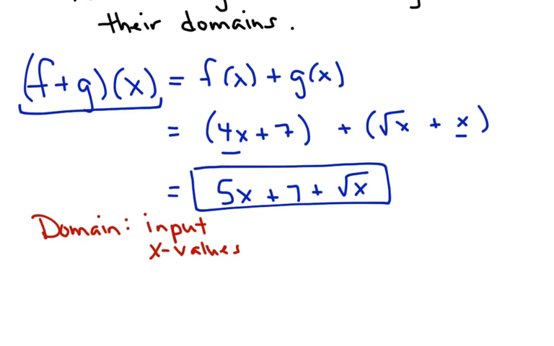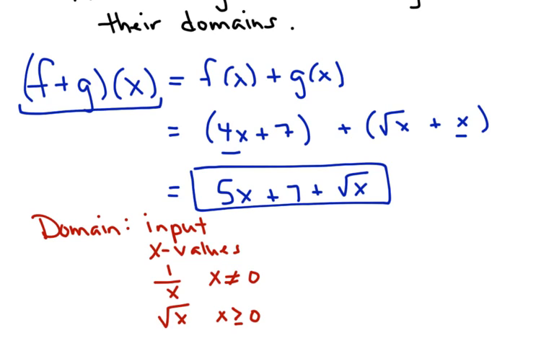Those two things are fractions. For example, if you have a variable in the denominator of a fraction, you cannot ever have 0 in the denominator because that would say 1 divided by 0, and we can't divide by 0. The other thing you have to watch out for are radicals, because in the real number system, you can only take the square root of a number if it's greater than or equal to 0.